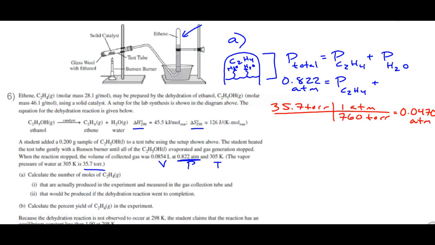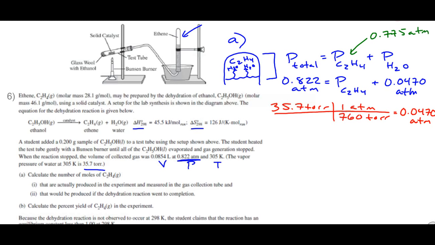So now I can plug that in to my water pressure. I subtract those two, and the pressure of my ethene would be 0.775 atm.